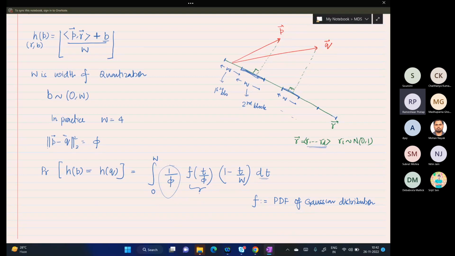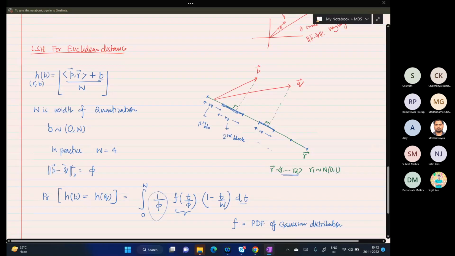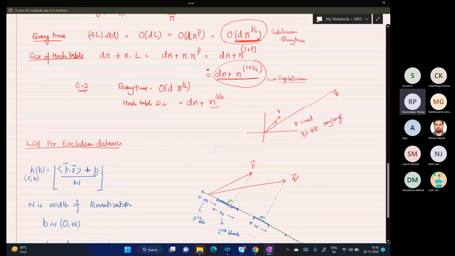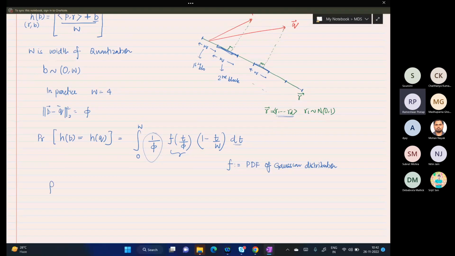Right. And using a similar type of analysis, it is possible to show that rho will be at most 1 by C and so on.